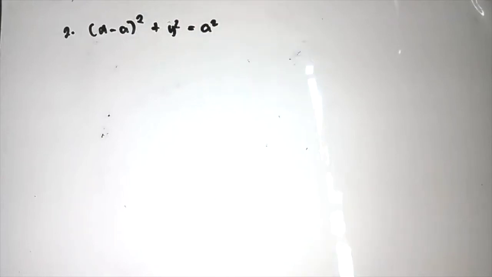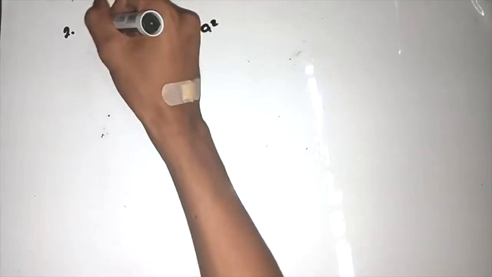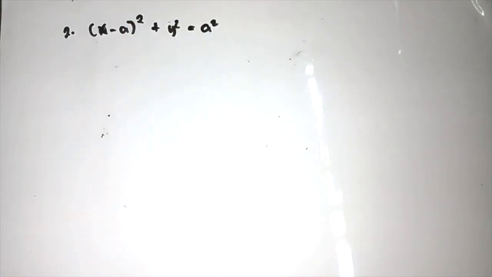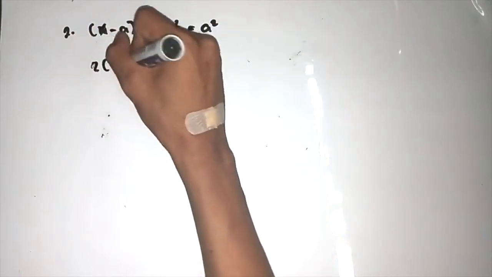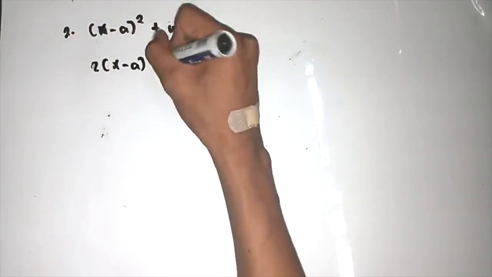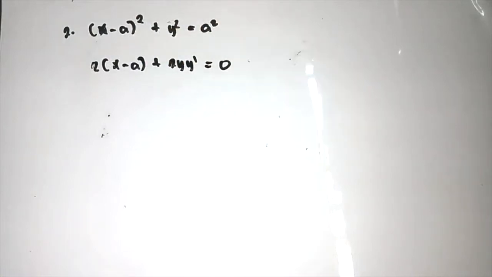So this is a squared. Remember that a is just a constant. This is x. So again, we need to get the derivative of both sides. So this will become 2, then x minus a using chain rule, then plus 2y y prime equal to 0.